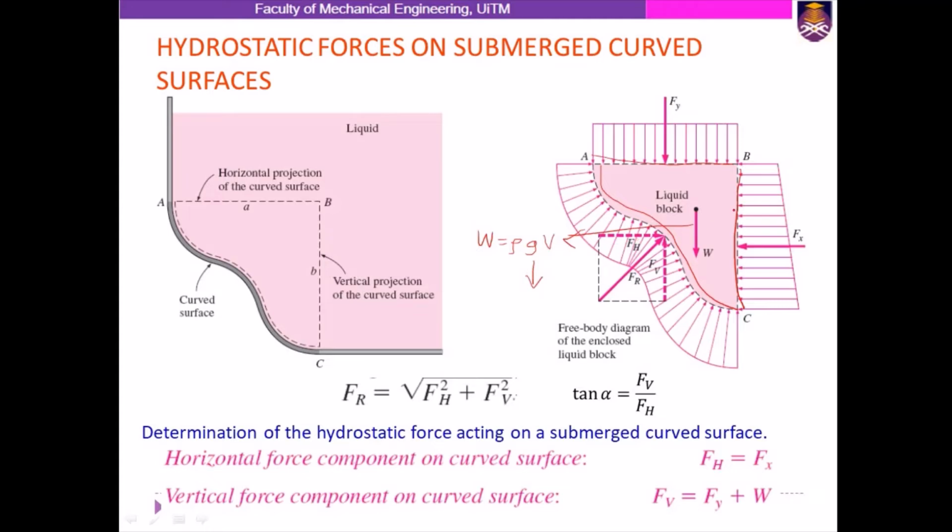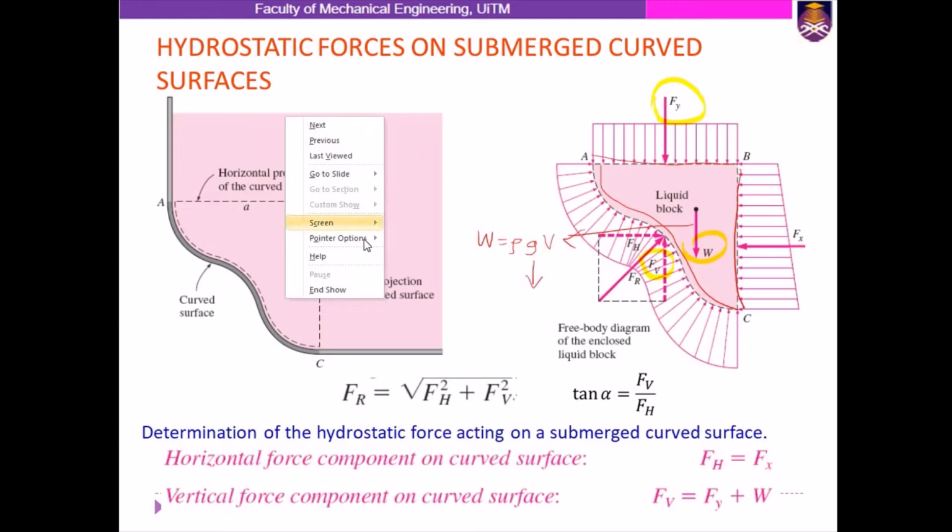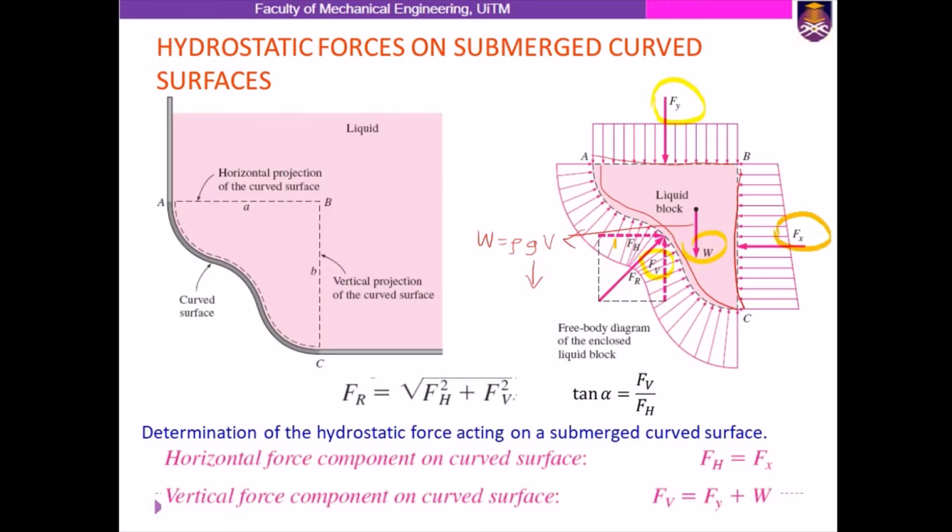Noting that the fluid block is in static equilibrium, so we know that this is in a static condition, the fluid does not move. The forces balance in the horizontal and vertical directions. If we look over here, Fy and W, and also Fv, are the forces acting in the vertical direction, and then we also have Fx and Fh acting in the horizontal direction.